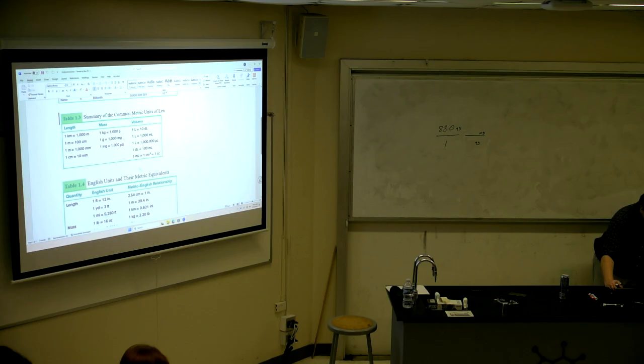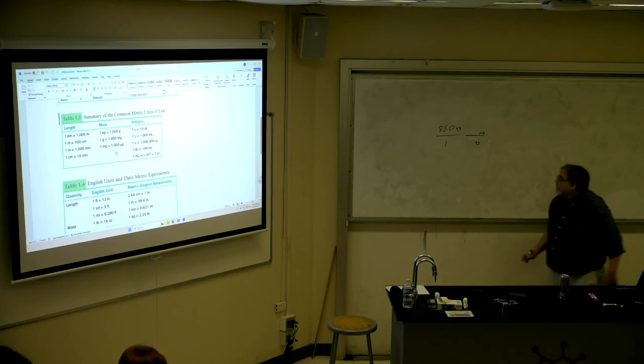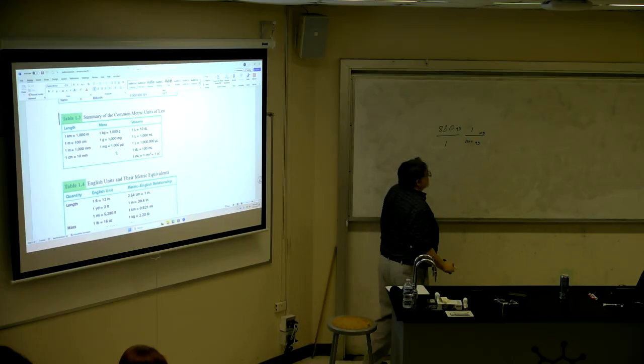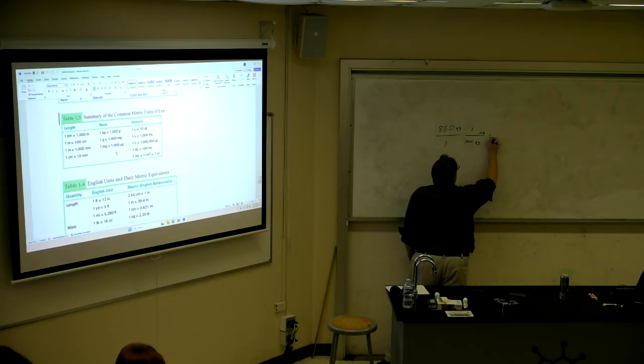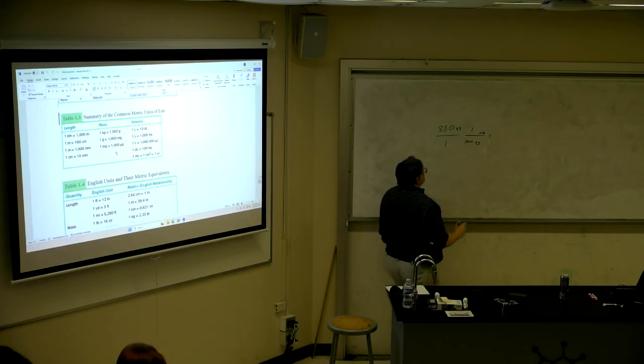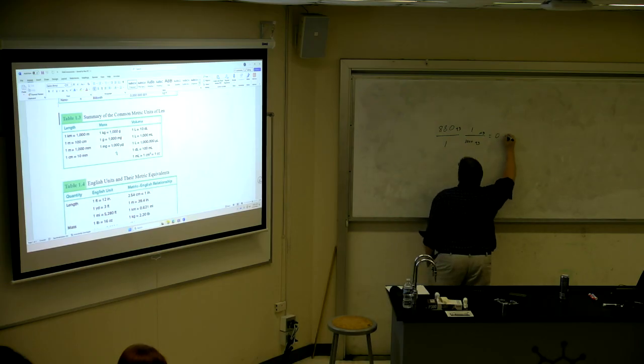I don't think that's in here. Yeah, they got it, okay. 1 milligram is 1,000 micrograms. 1 milligram is 1,000 micrograms. That's how you'd set it up. The micrograms cancel, you get to milligrams.